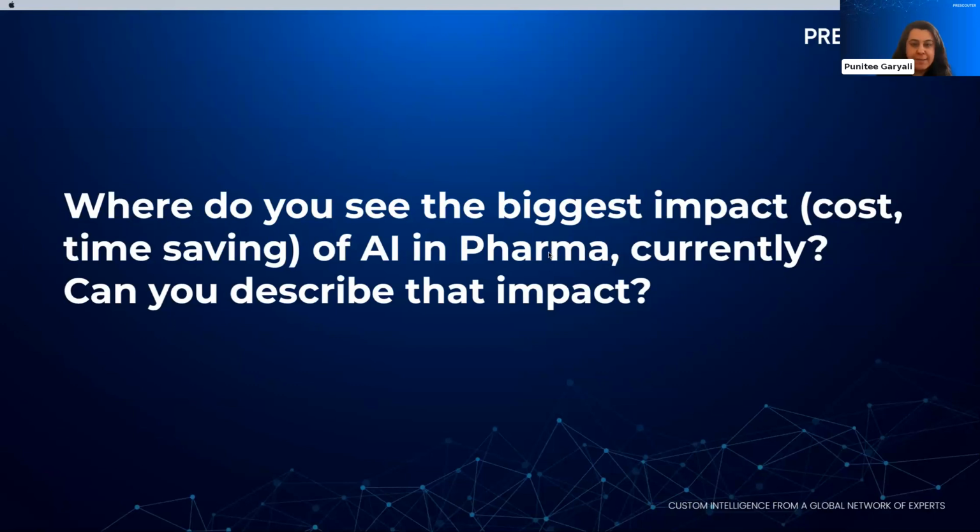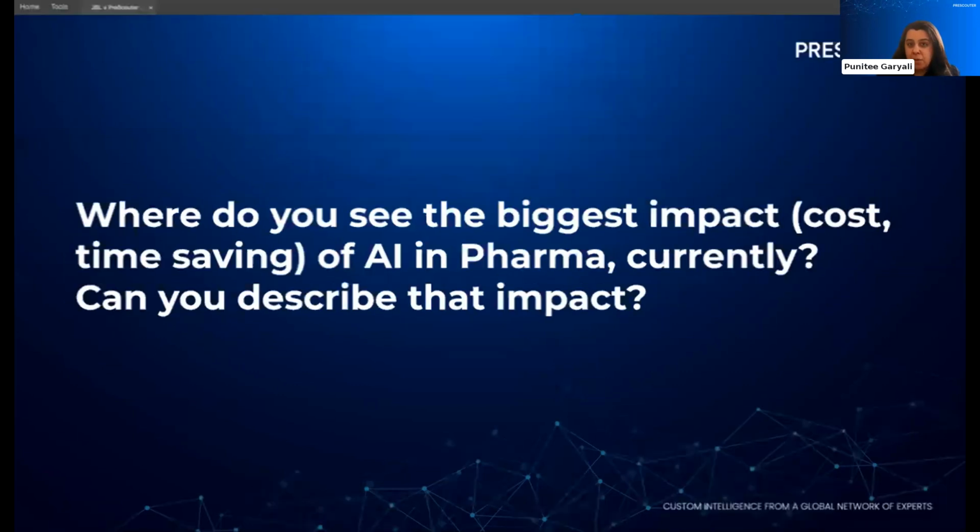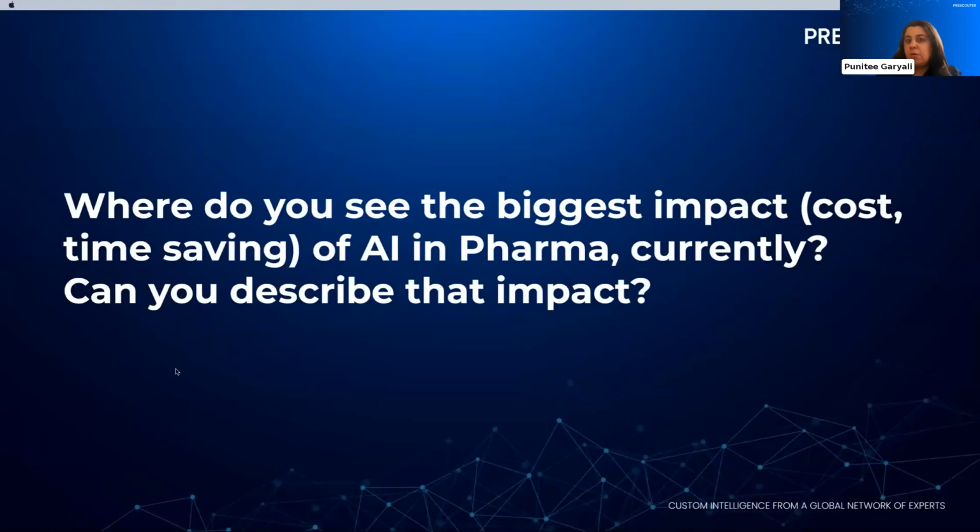At the same time, AI can also be used during the oncology trials for biomarker discovery and companion diagnostic discoveries. And this is just one example. But I truly believe the impact will be felt if you shorten, especially in oncology, the time it takes to bring the innovative drug to the market.